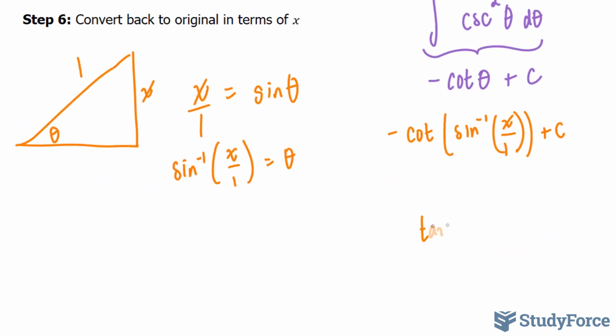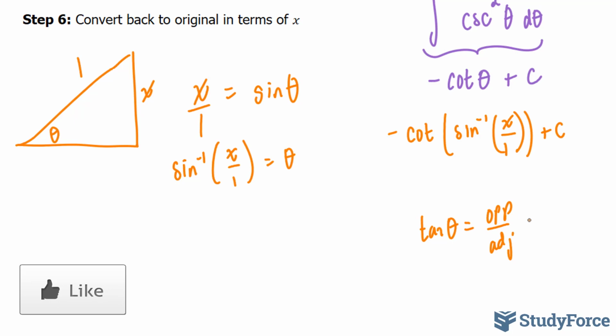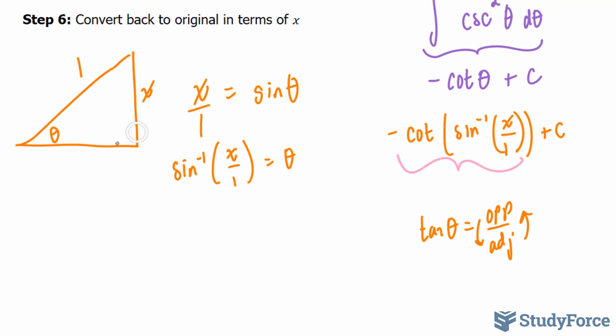And tangent theta is opposite over adjacent. So cotangent has to be the opposite of that, where you have adjacent over opposite. To find out what this whole thing is equal to, we have to use this right triangle and look for the adjacent over the opposite.